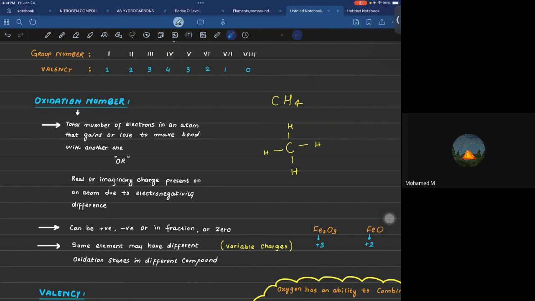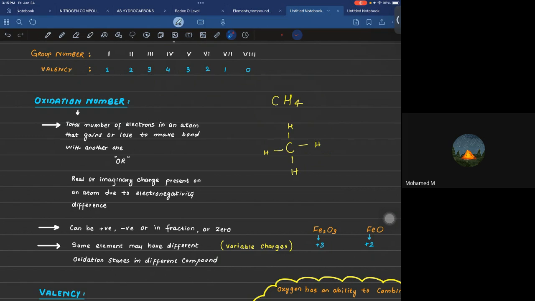The valency for group 4 is 4, so the combining capacity of carbon is 4. Carbon can attach with 4 other elements. That's why the formula is CH4: carbon is bonded with 4 hydrogen atoms.